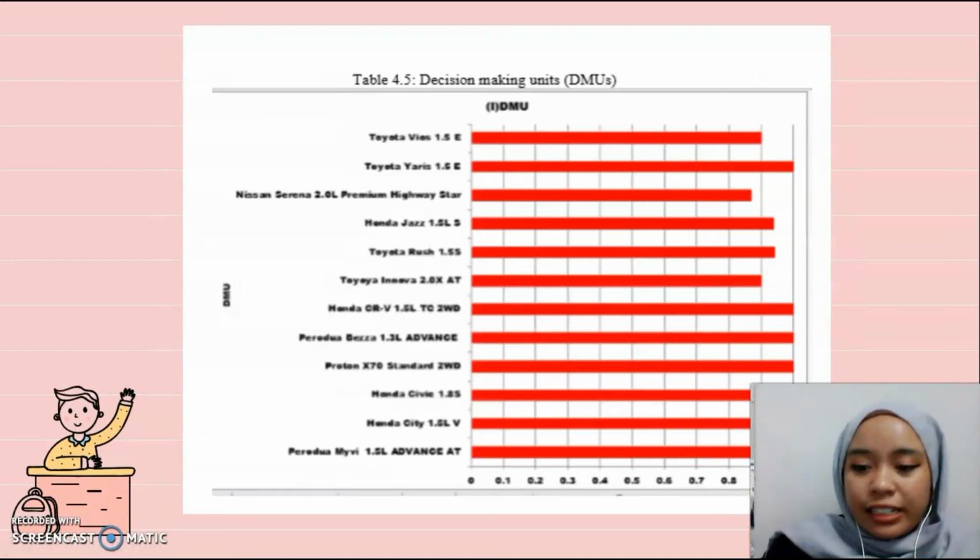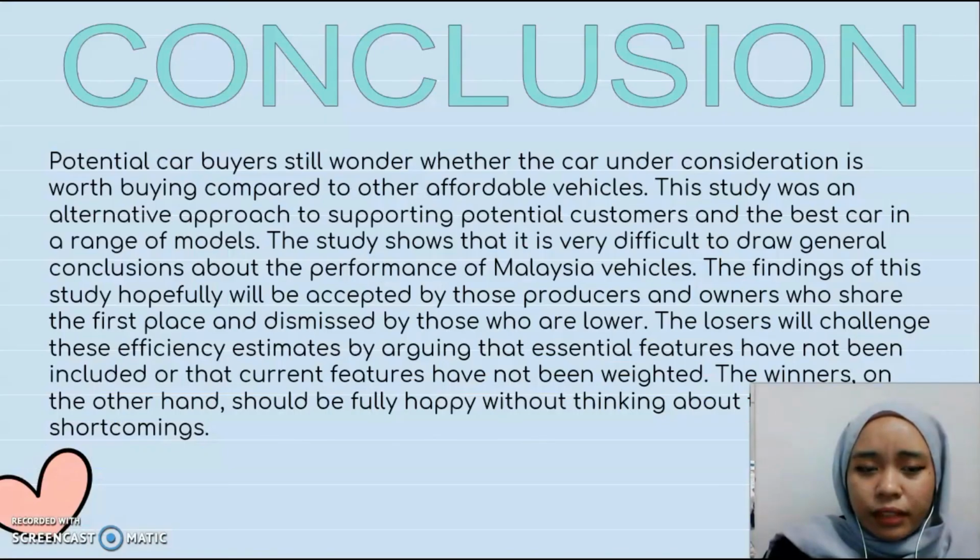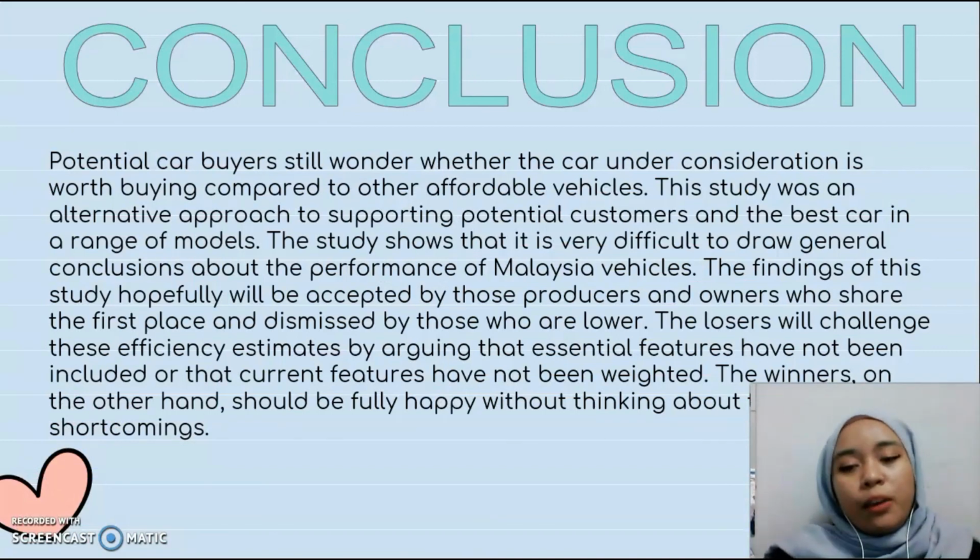So this is the DMU, decision making unit. It is based on the rank or score just now. What we can conclude here is that potential car buyers still wonder, of course, whether they want to buy a car that is worth buying compared to other affordable vehicles, meaning some of them actually don't know which specs they need to look at.